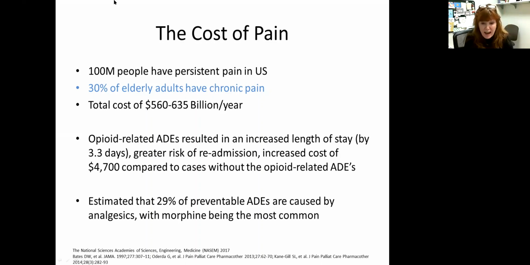And when we're looking at preventable adverse drug events, so this is something that I focus in on, approximately a third of those were related to opioids, mostly often due to morphine.